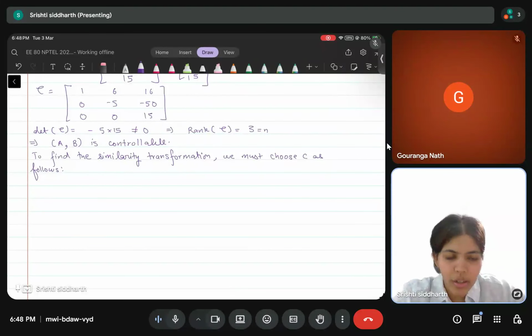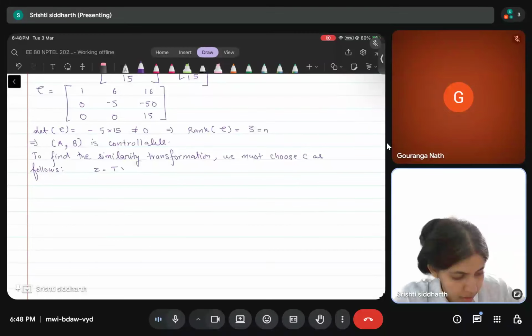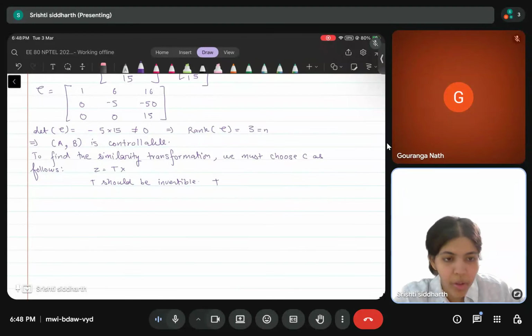If it's a third order system and we want a transformation which takes us from x to z, then T should be invertible, right? And this means that T should be a square matrix of size 3 by 3.